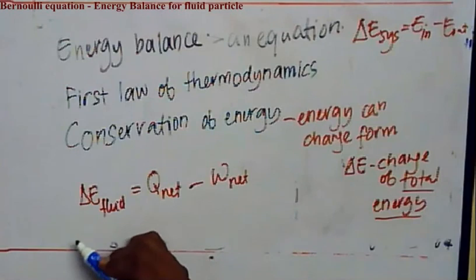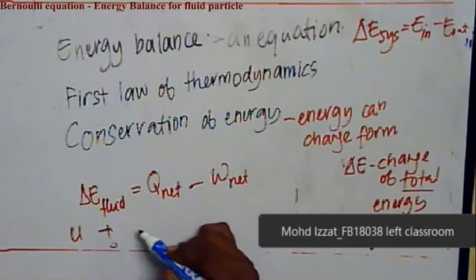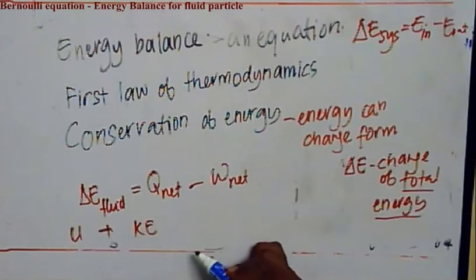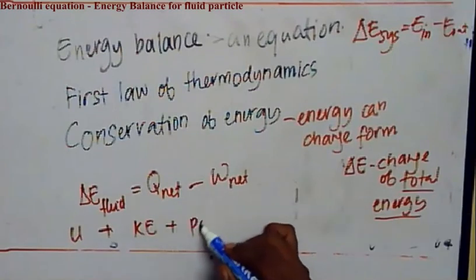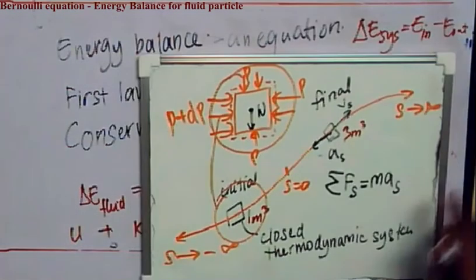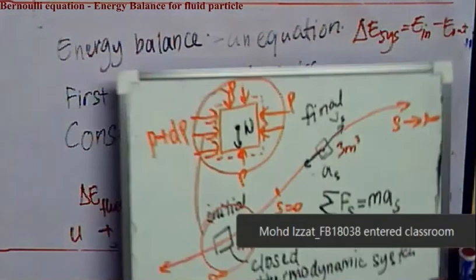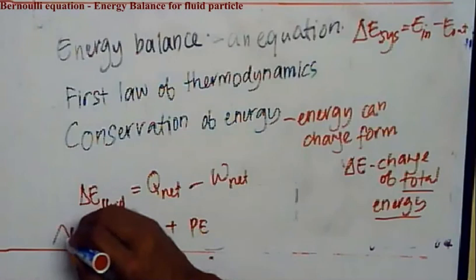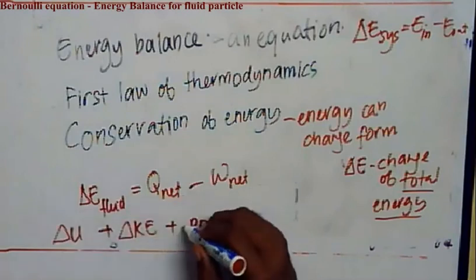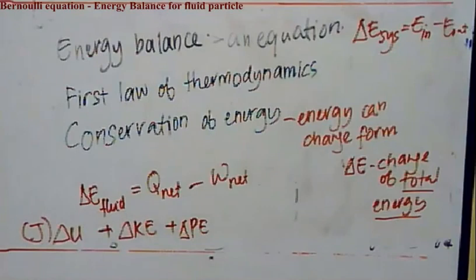Total energy includes the internal energy plus kinetic energy plus potential energy, and then we have change because the fluid is moving from this position to the final position, so we have change there and change there. The unit will be in joule, right? In joule, and this one will equal Q net plus work net.